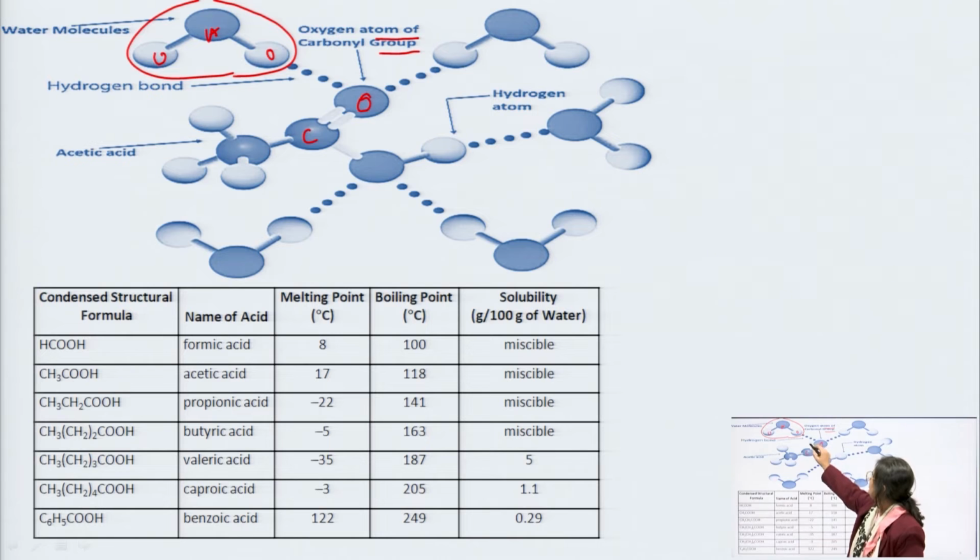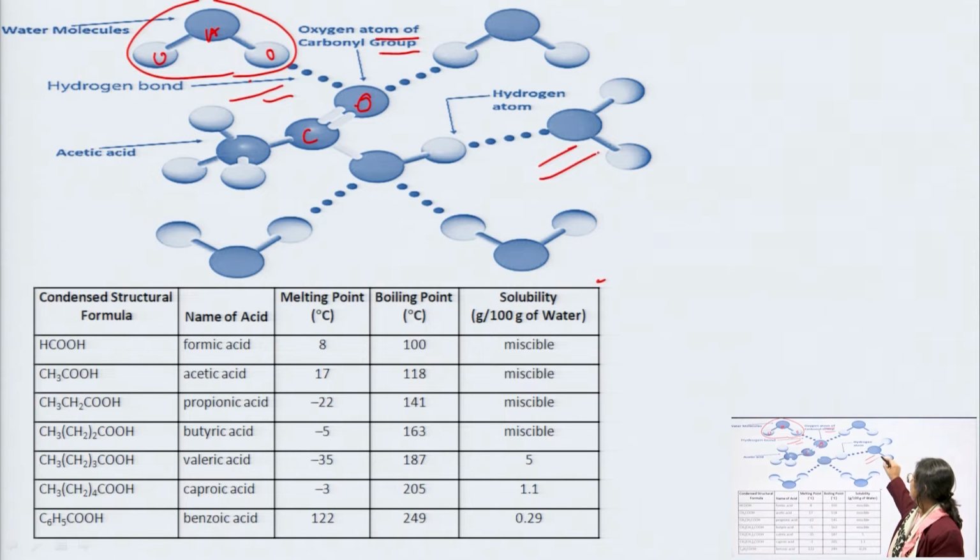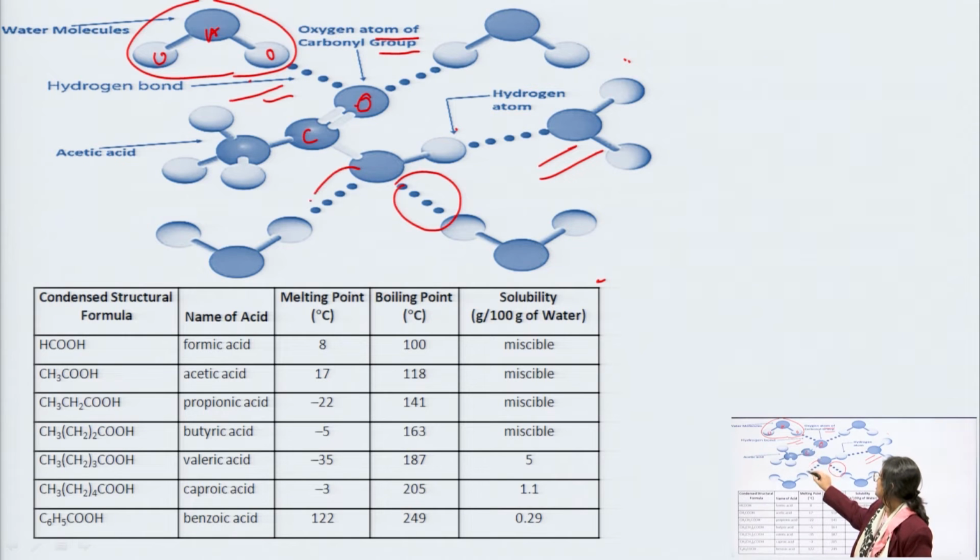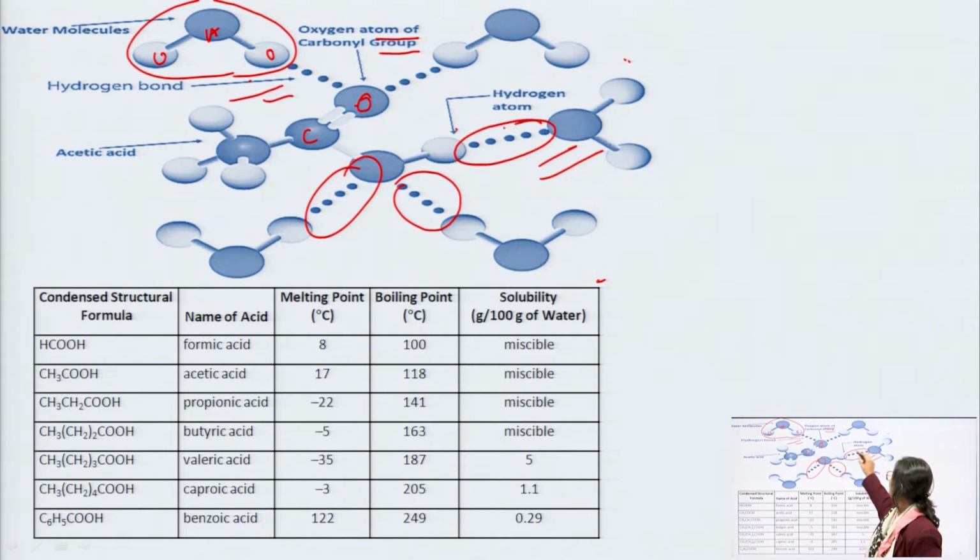Similarly, here the hydrogen atom forms hydrogen bonding with various water molecules. These are the different hydrogen bonds wherein bonding takes place between the oxygen atom of the carbonyl group and the hydrogen atom of water molecule. Okay.